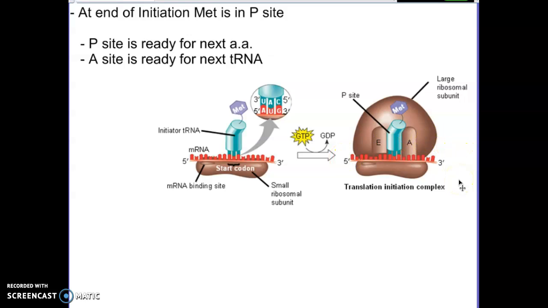And then when it's over, they're actually going to disassemble. Okay, so the start codon is here. Here's your small piece. Here's your tRNA, and then there is your start codon, your methionine or your AUG.